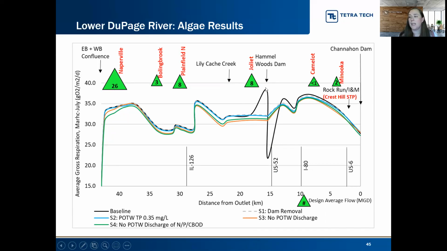Leading up to the dam, there's a bit more stagnant water, more algal respiration in that vicinity. As you go over the dam and it's very aerated, there's a decrease in respiration that then rebounds as you move downstream. So that's why you see this crazy respiration pattern in the scenario before the dam is removed, that is then leveled out in all of the future scenarios.